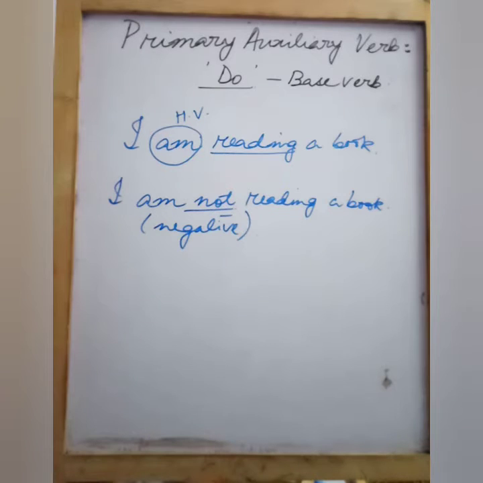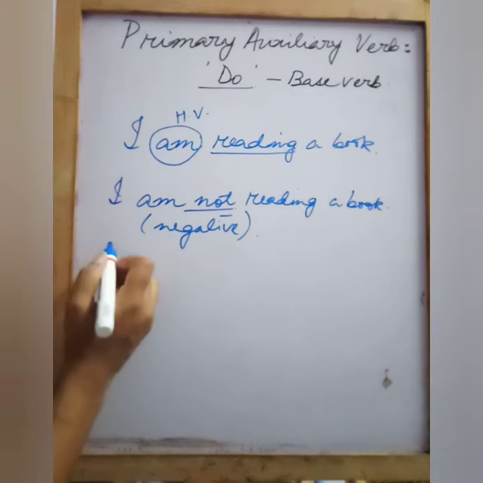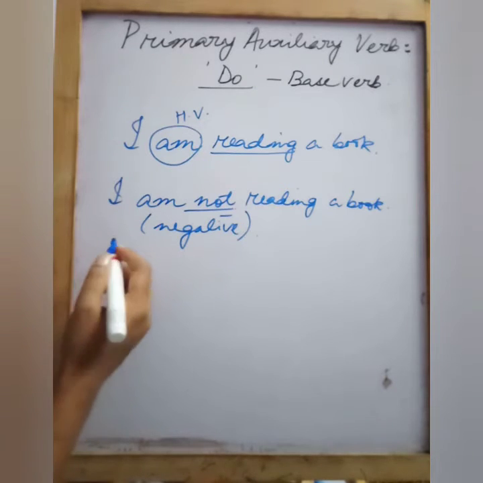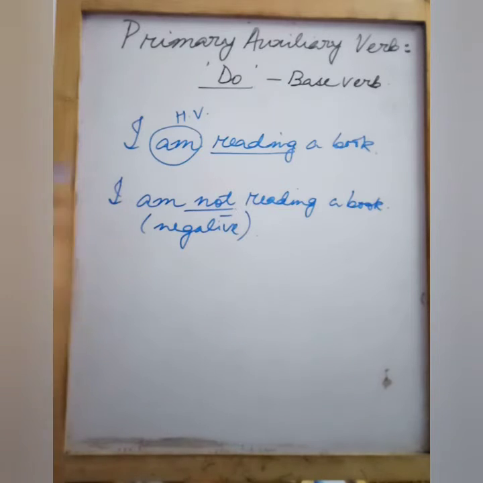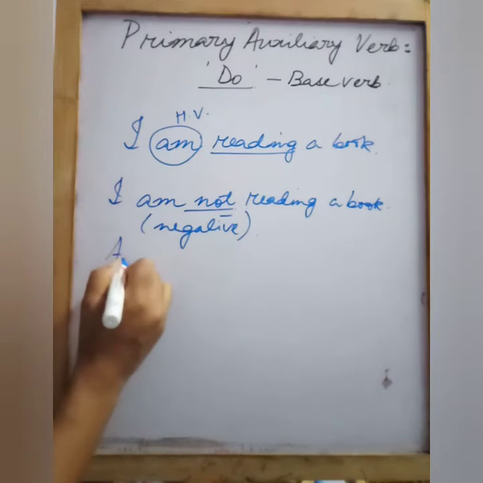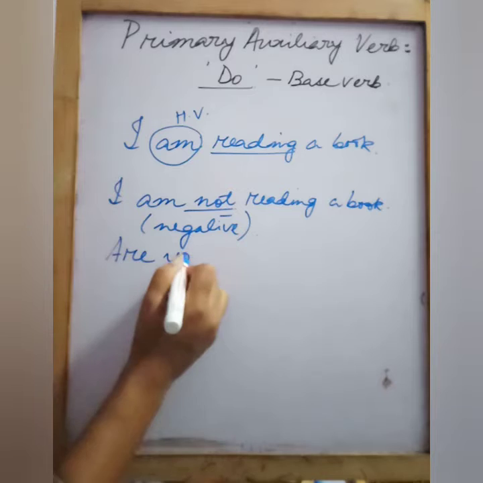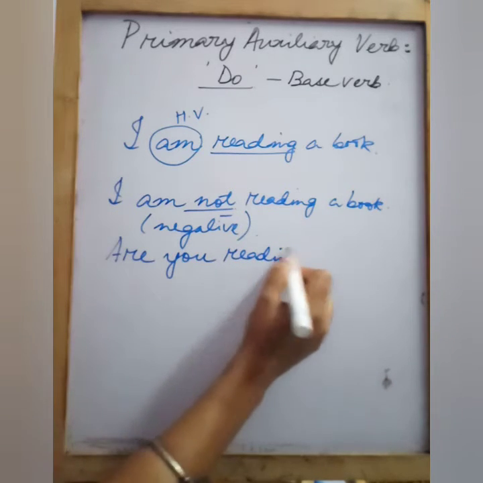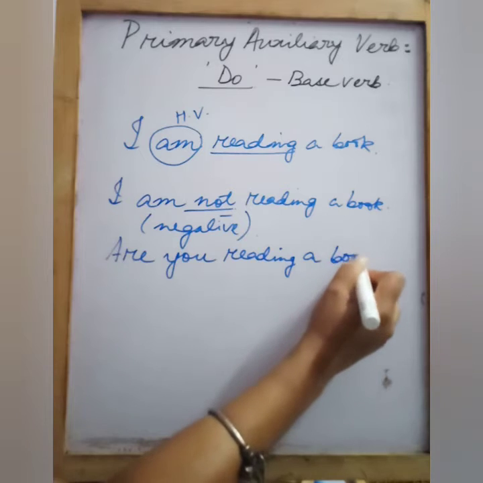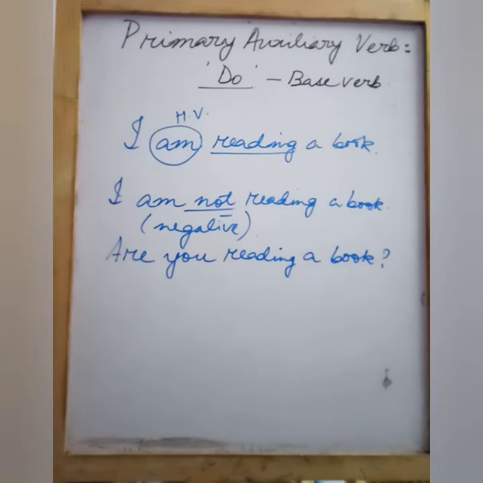I am not reading a book. And if I want to change it to an interrogative sentence, I can say, am I reading a book? Or you can write in other words also, like, are you reading a book? So it becomes an interrogative sentence.